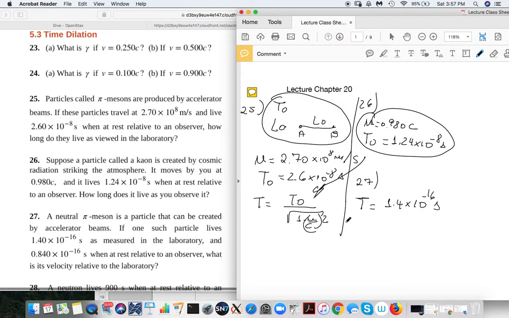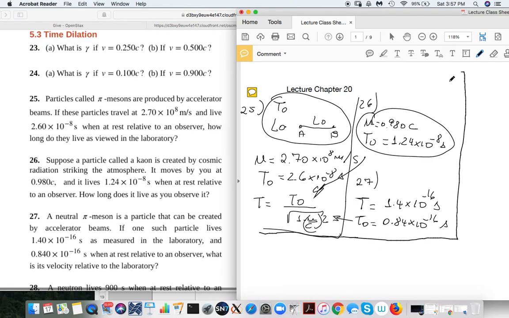So it is an observer at rest on Earth, and is measuring these other times when at rest relative to an observer. What is its velocity with respect to the laboratory? Once you have set the equation this way, then you can find u. It's a matter of doing math. Okay, that's number 27.